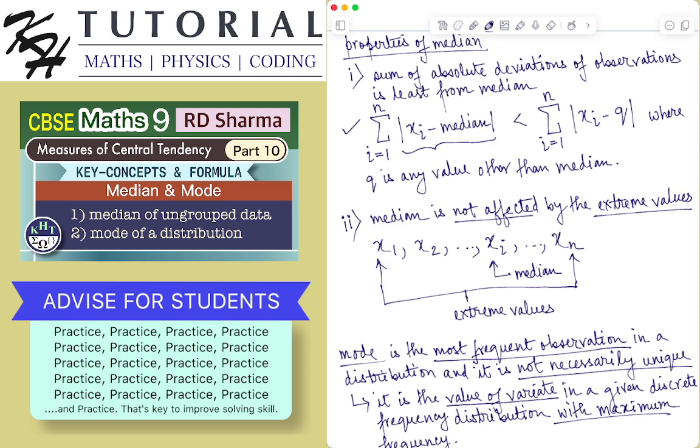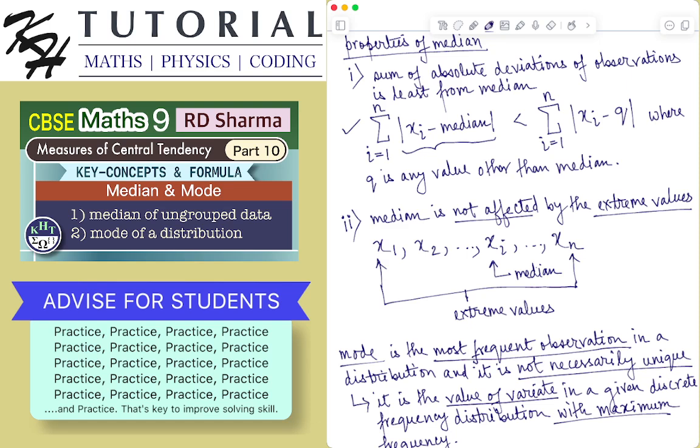Whereas for mean, if you change any observation, the mean will get changed. So that is the comparison between median and mean, where it says that median is not affected by the extreme values. The extreme values means the least value and the maximum value.